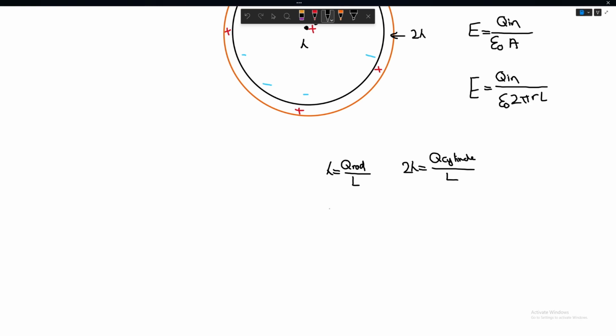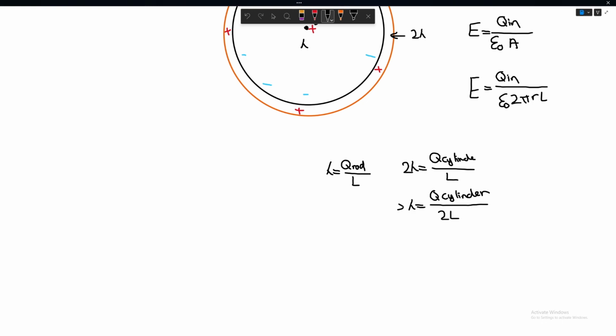If I take this lambda and divide it by 2, then I'll get lambda equals Q cylinder all over L times 2.